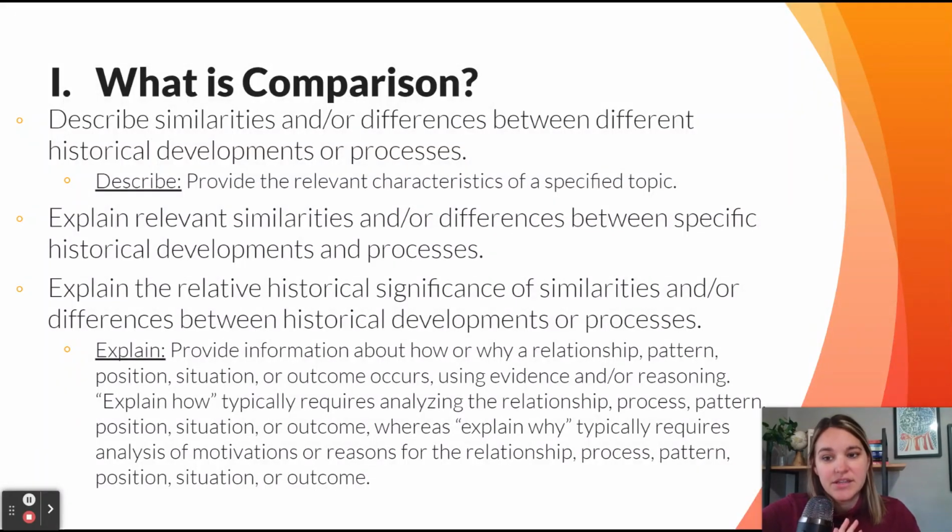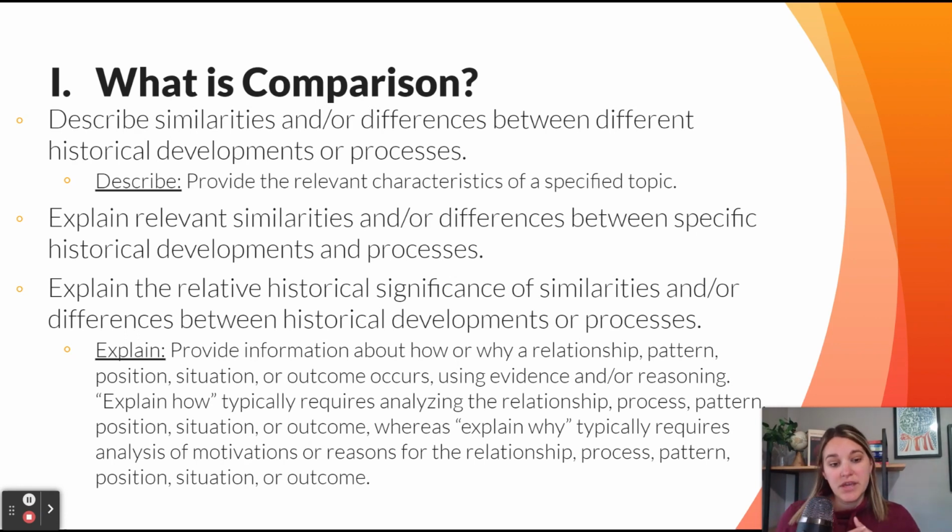According to the College Board, you can read through these if you want to, but basically, what they want you to do for this skill is to describe similarities and differences, to explain similarities and differences, and then to also explain the significance of those similarities and differences.